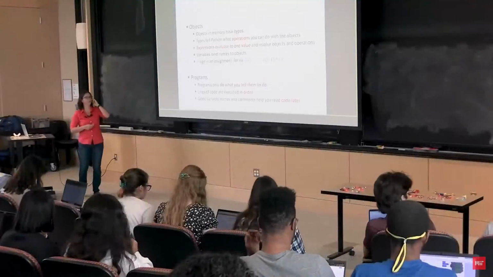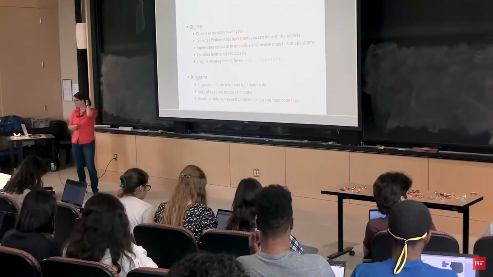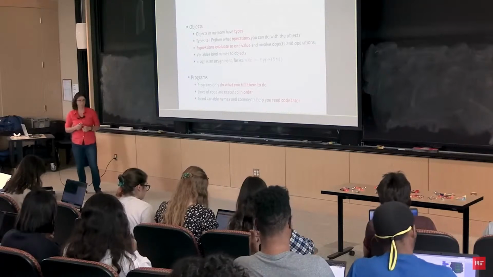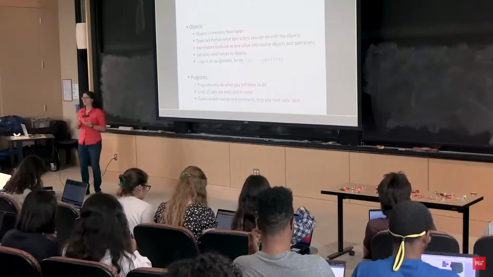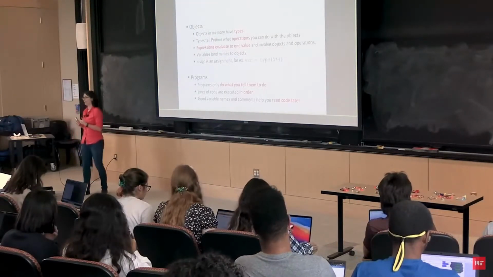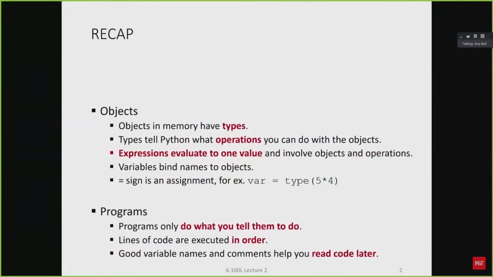But before we go on to these topics, I just wanted to do a quick recap of what we learned last lecture, just to make sure we're all on the same page. So we introduced the idea of an object, and every object in Python has a specific type, and the type tells Python the kinds of things you're allowed to do with that object, okay? We talked about once you have objects, you can actually assign these objects to variables, and these variables basically bind a name to the object in memory.